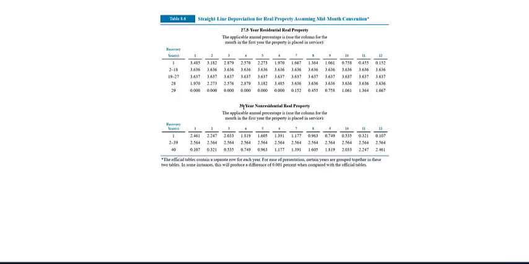So we're going to use the 39-year non-residential real property table. It was purchased in 2019, and we were not told the month it was placed in service, but that doesn't really matter. Recovery year 2 through 39 is 2.564 for every month. So that's the percentage that we're going to use, 2.564.